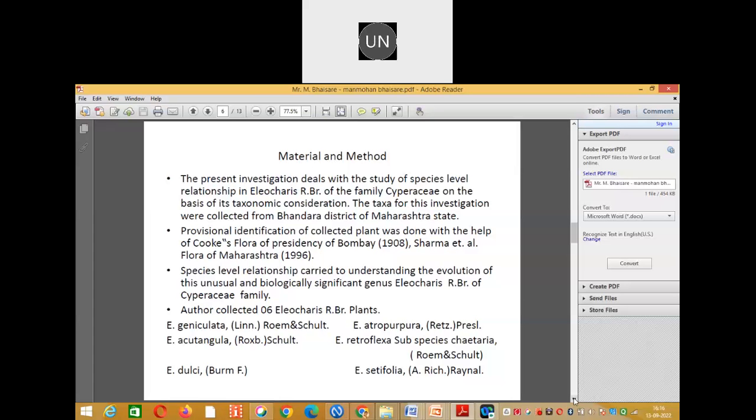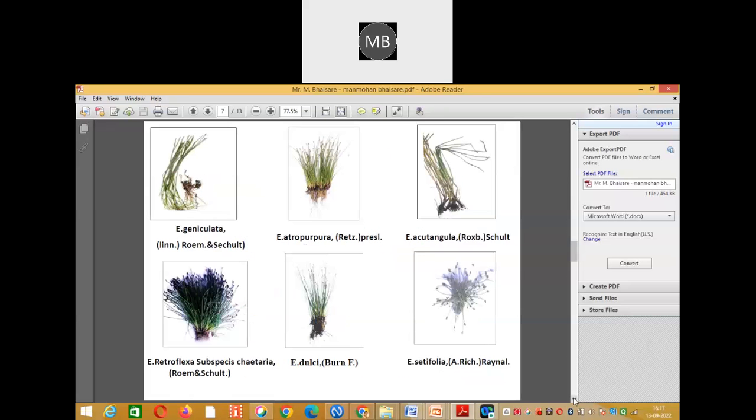Provisional identification of the collected plants was done with the help of the Flora of the Presidency of Bombay in 1908 and Sharma et al., Flora of Maharashtra, in 1996. Species level relationship was carried out to understand the evolution of this unusual and biologically significant genus Eleocharis R.Br. of the Cyperaceae family. Next, madam, next slide.